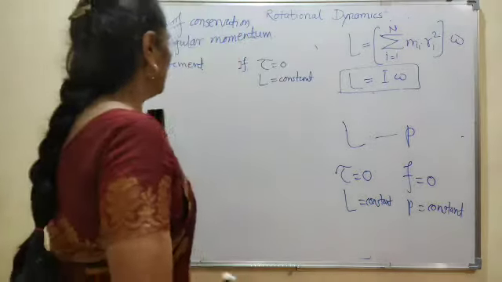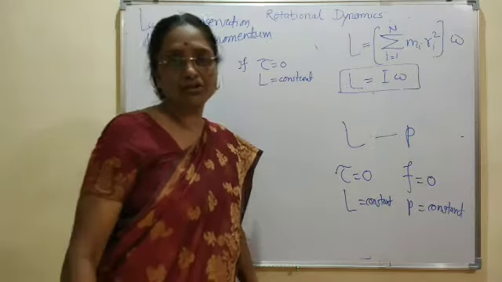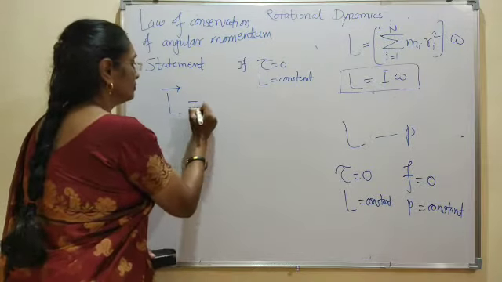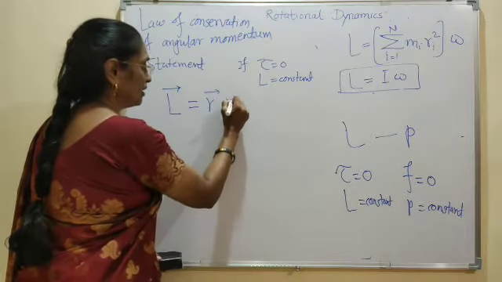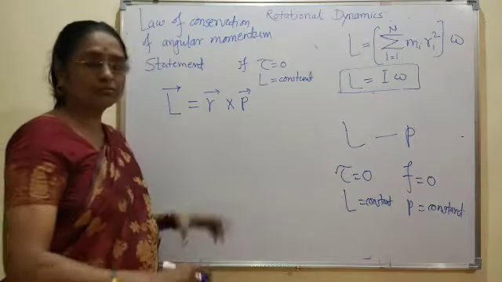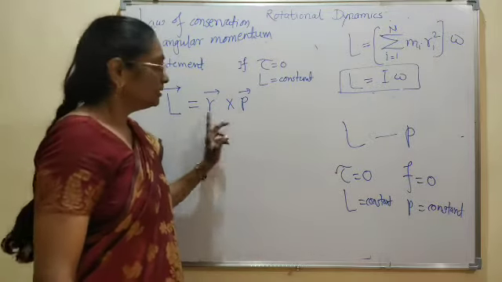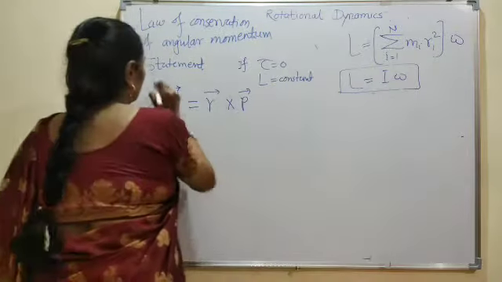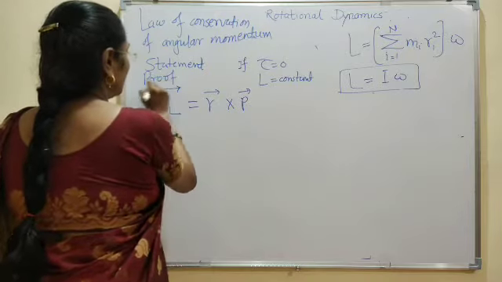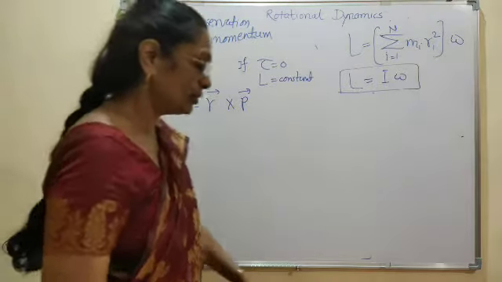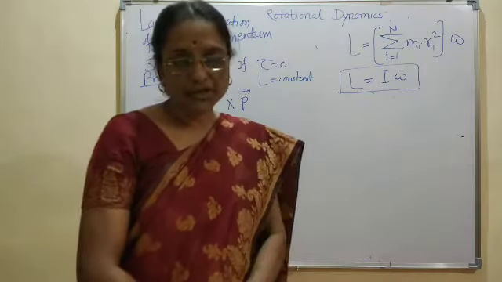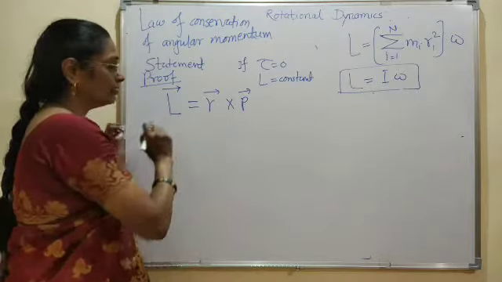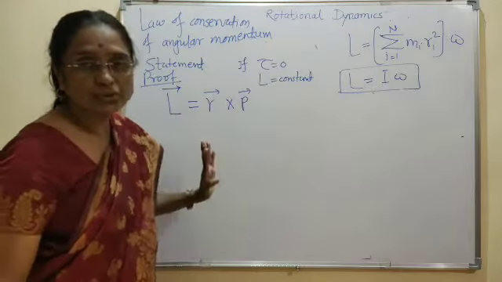It can be proved by considering again the basic relation, which we have revised: vector L is equal to r cross p. By considering this relation, we prove the statement. When the body rotates, as time passes, L remains constant if tau is equal to 0.